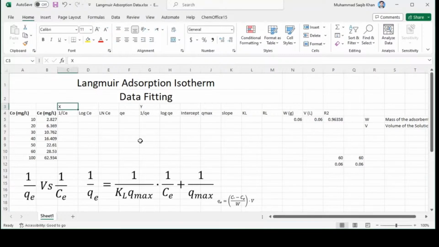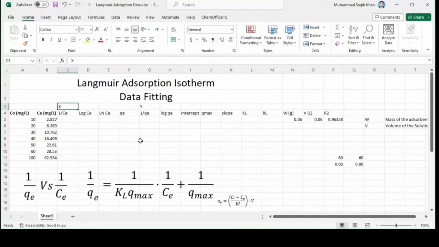Okay, now as we have gotten the 1 over QE value and 1 over CE value, so we will make a plot of these values in Origin. You can use Excel also, but I recommend Origin to get the intercept and slope values. So we will copy that into Origin.